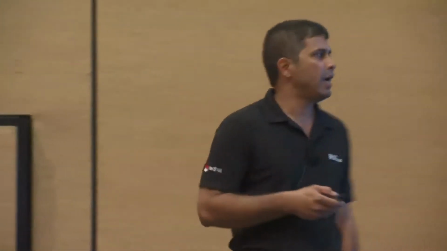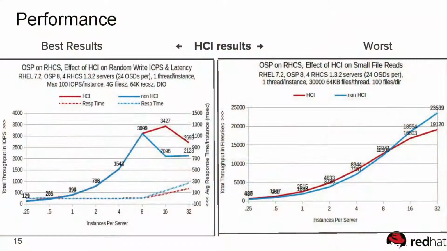In terms of setup, on the y-axis is the throughput, IOPS, and on the x-axis is the number of instances or guests per server. The dotted lines are the latency response that the guest is experiencing.